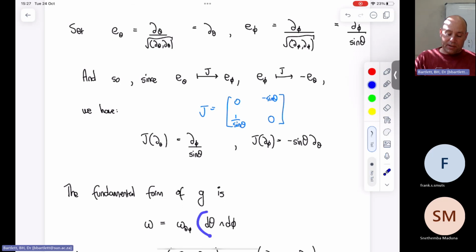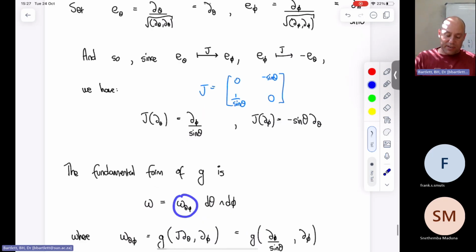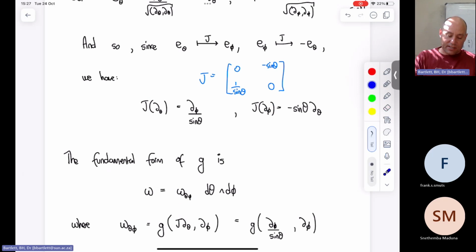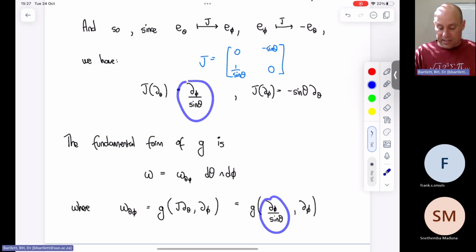So I know it's going to be ultimately expressed as something times d theta wedge d phi, because that's the only two form I can have, right? I can't have a d theta wedge d theta, and I can't have a d phi wedge d phi. Where this number in front is going to be calculated as g applied to J of del theta comma del phi. That's the definition. And J of del theta, we agreed that J of del theta is del phi over sine theta.